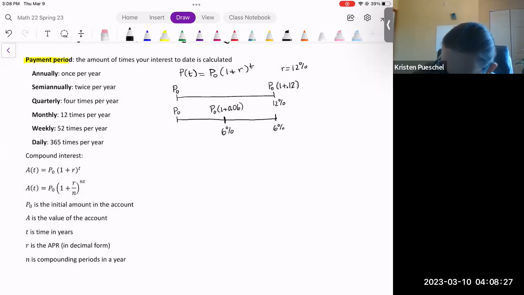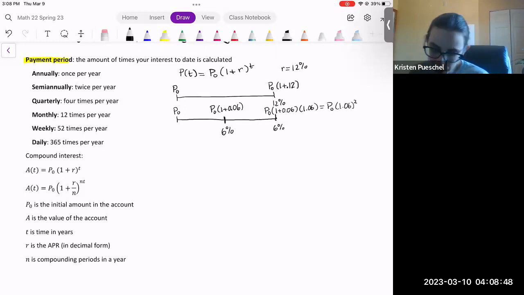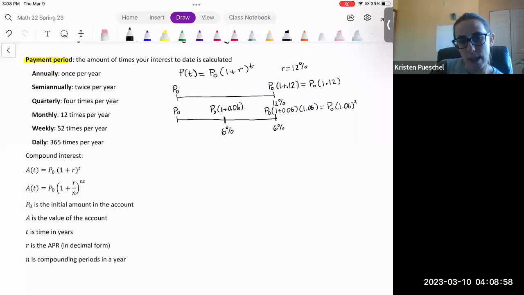So to find our amount at the end of the year, we would have P naught times 1.06 times 1.06. So this gives us P naught times 1.06 squared. So the idea is we made 6% interest, but then we're making interest on some of our interest.